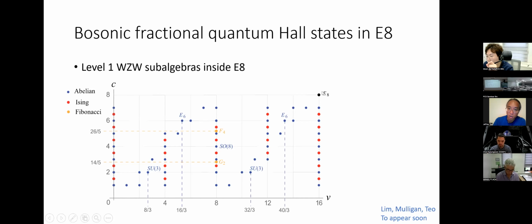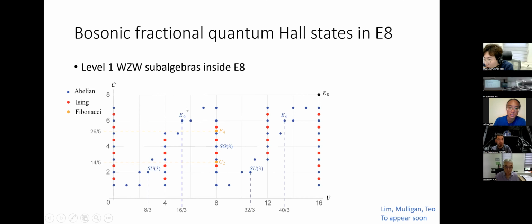Here the black dot is the bosonic analog of the filled Landau level. That's given by the E8 quantum Hall state. It has filling fraction 16 and central charge 8. What we're going to do here is to consider some partially filled version of the E8, and discuss what type of filling numbers and central charge this state carries.